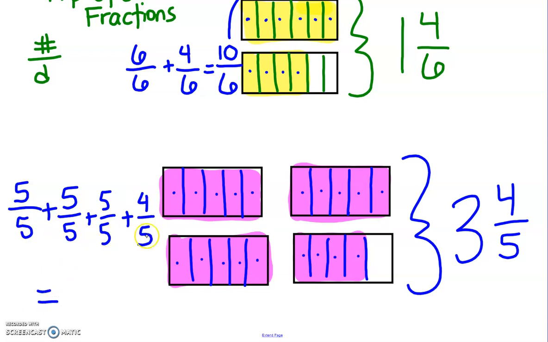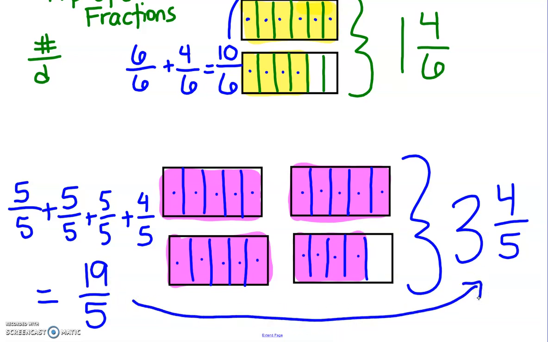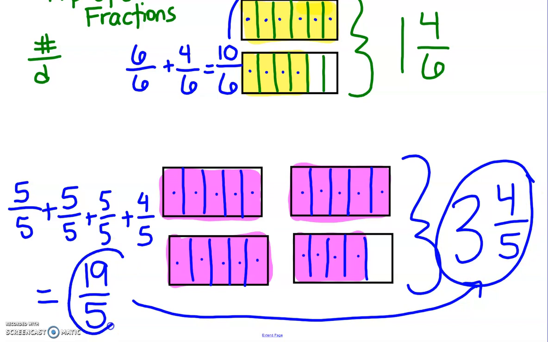So again, your denominator ends up staying the same because it's the size of your share. Each were cut into fifths, and I have 5, 10, 15, 16, 17, 18, 19 fifths all together. So that tells me that 19 fifths and 3 4/5 mean the same thing. This one we call a mixed number, and this one we call an improper fraction.